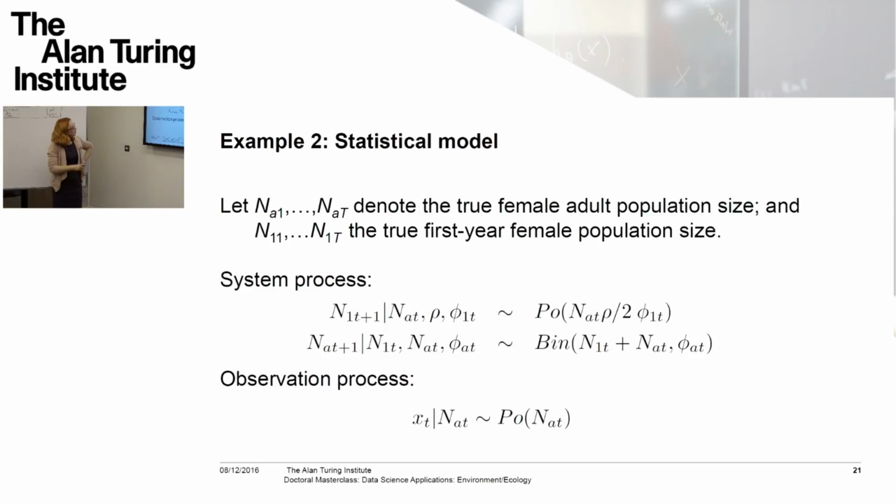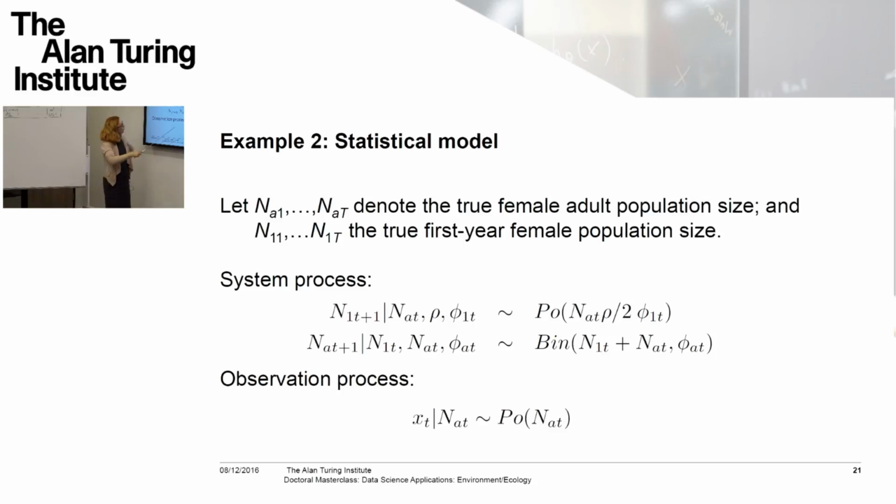So then we define our statistical model. We're only looking at the adult birds, but we need to take into account how many first-year birds there are as well, because, of course, first-year birds become adults in the following year. So again, we think about what the biological processes are in order to derive what's happening. We think about what happens from one year to the next.